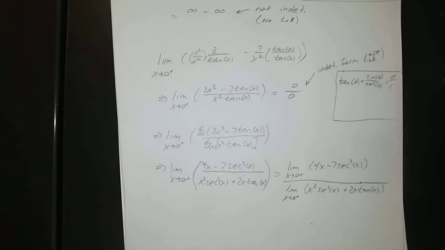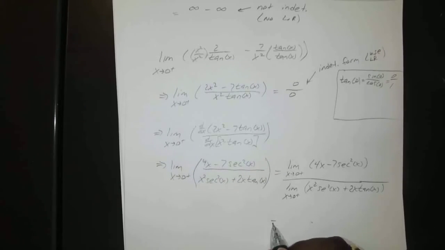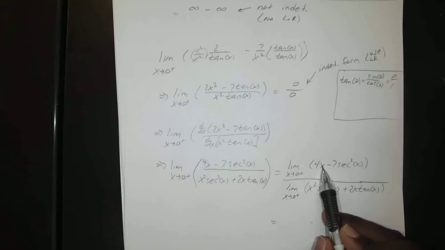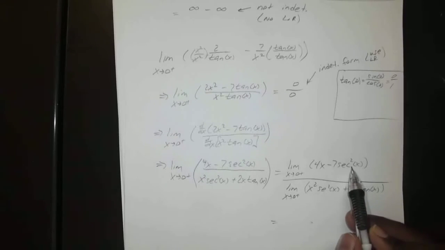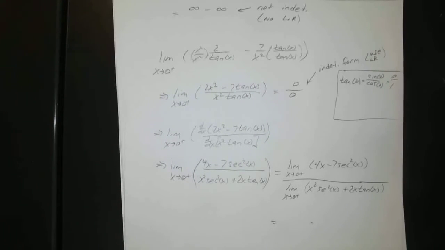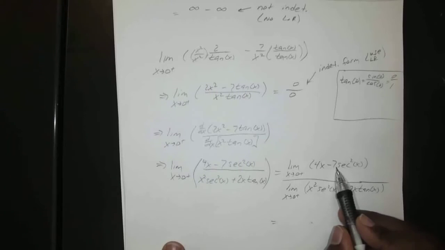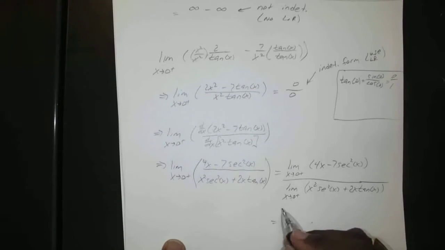But for the numerator, as you plug it in, you get 0 from the 4x term. And secant squared, remember, that's just 1 over cosine squared. So as x gets closer to 0, this gets closer and closer to 1.